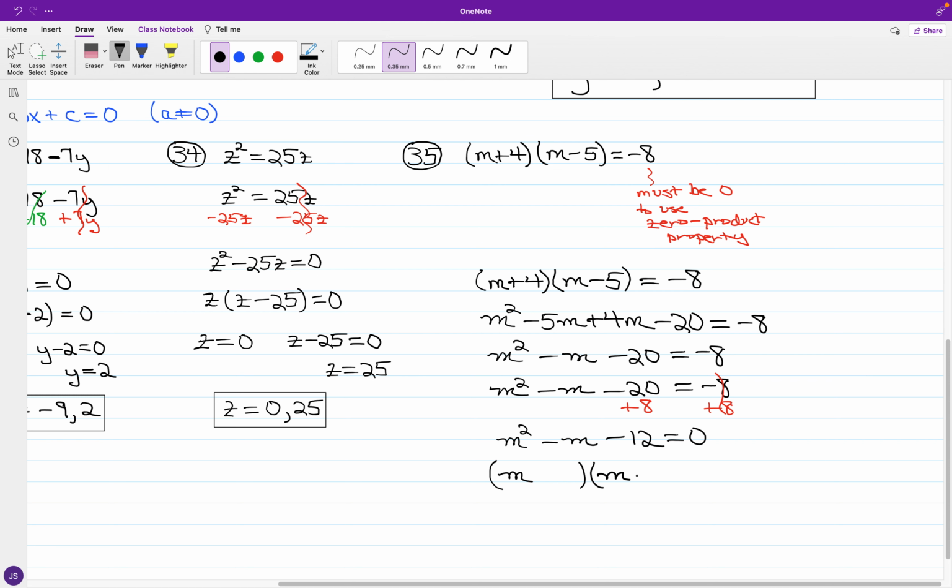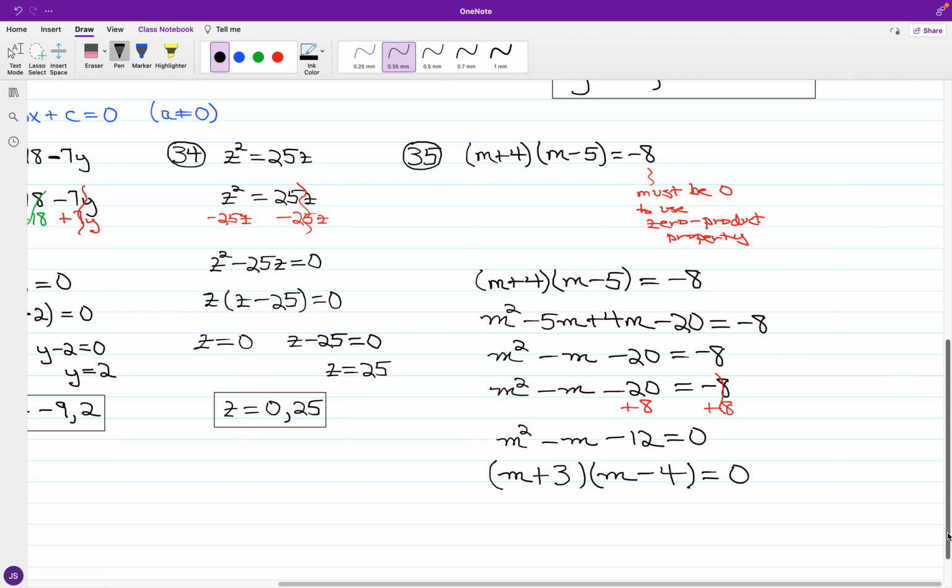In the first combination of binomials, I could not use the zero product property since I did not have zero to the right. Now I do. For m squared, we have m times m. And for factors of negative 12, we have a plus factor and a minus factor, whereupon the sum or difference of the coefficients will be negative 1. So we have more weight given to the addition than to the subtraction.